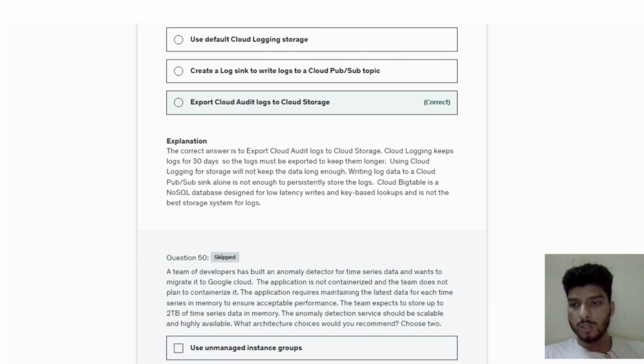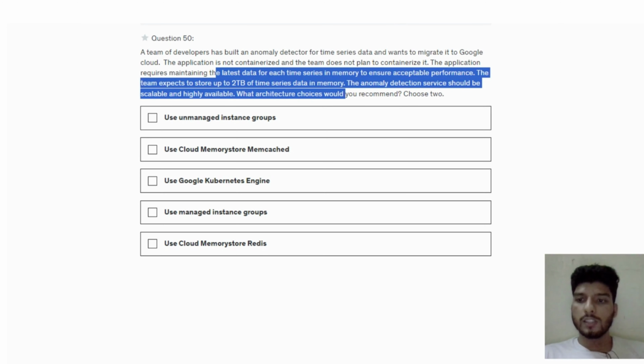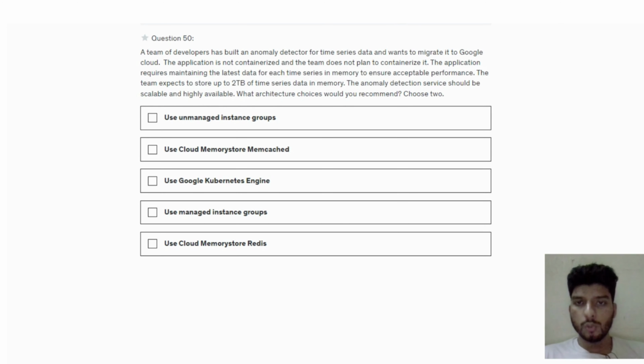So question number 50. A team of developers has to build an anomaly detector for time series data and they want to migrate it to GCP. Here are the system requirements. Which architecture would you recommend?